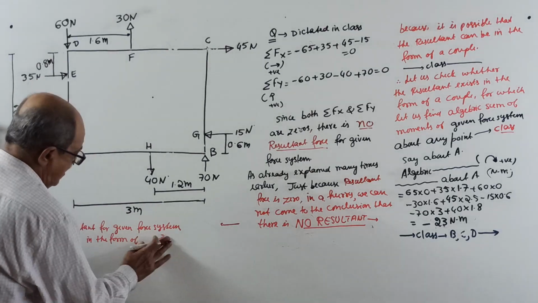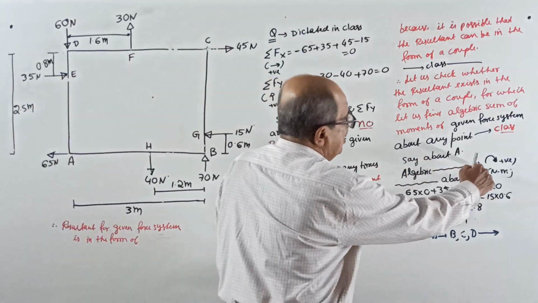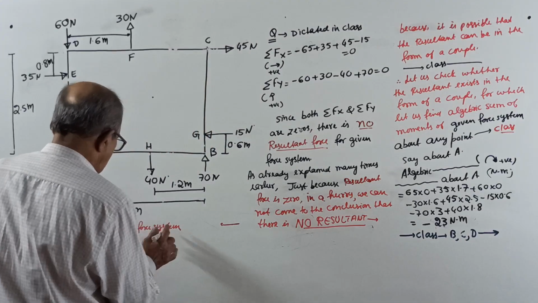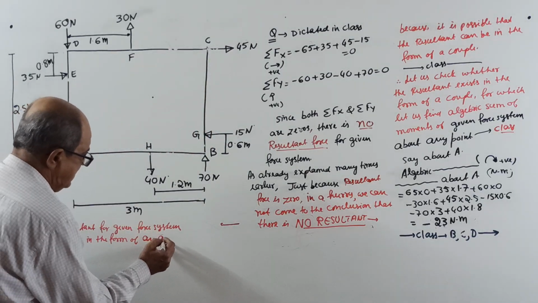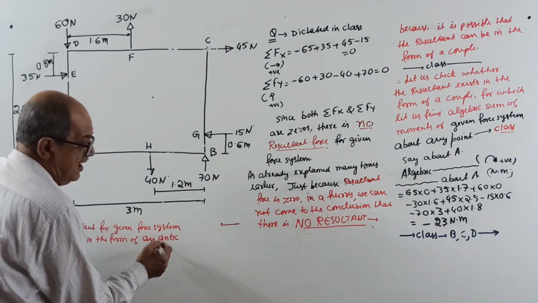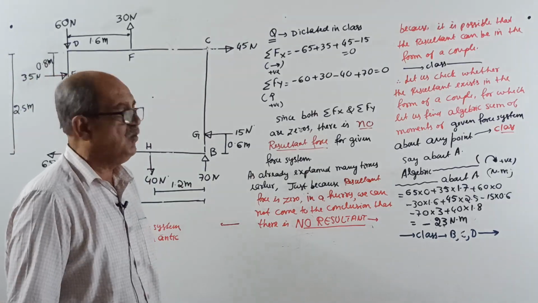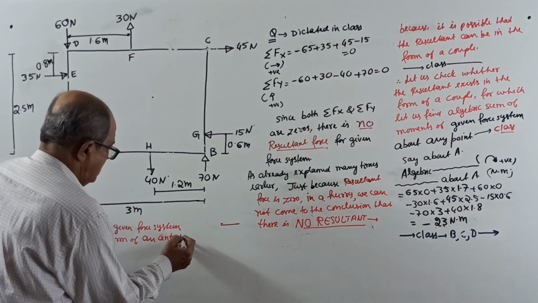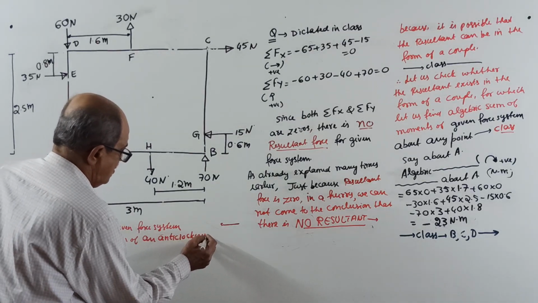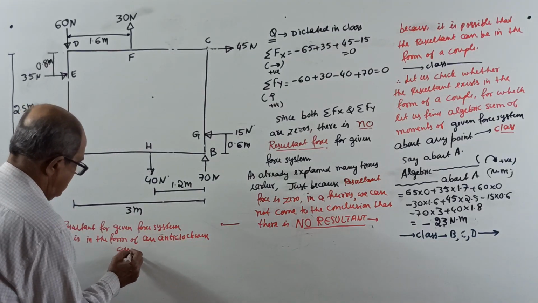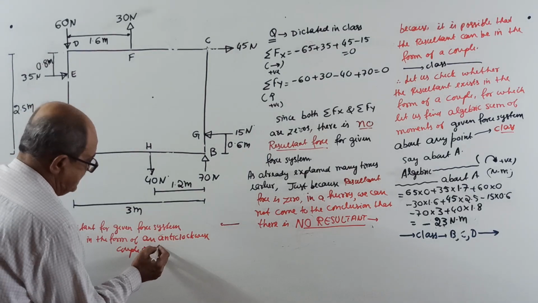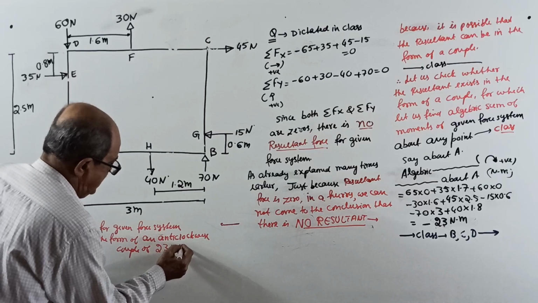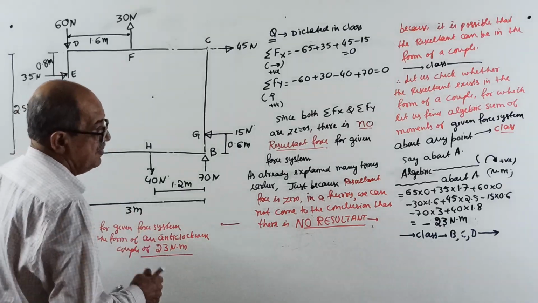Or you can do one thing, in the form of, see, we took clockwise positive, negative came, so you can write it in the form of an anti-clockwise couple, to make it more clear, either anti-clockwise or counter-clockwise. Suppose you got a plus, write clockwise. Anti-clockwise couple of, no minus now, 23 Newton meter is the answer we got.